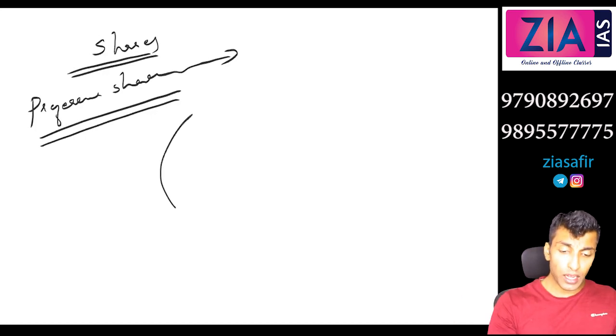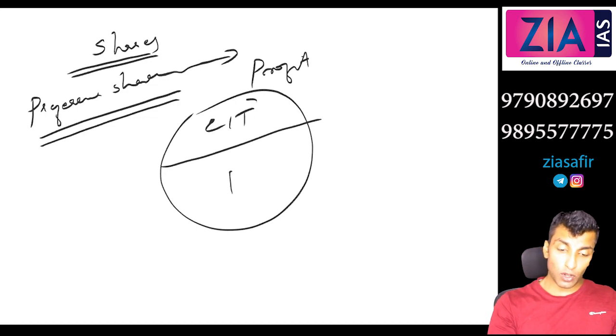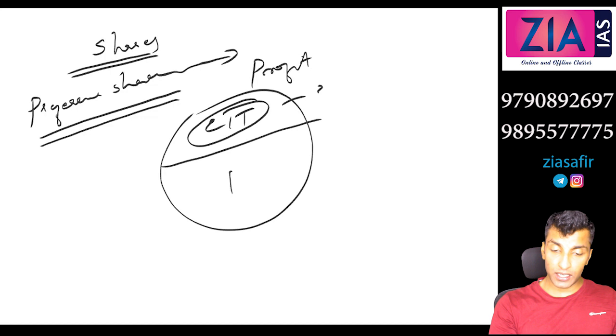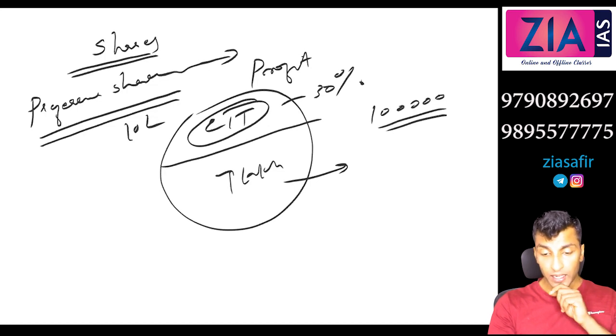I've told you dividend means what is distributed after the corporate income tax. If this is the total profit, there is a corporate income tax, let's say 30% is paid. Let's say 10 lakh is the profit. So 30% is gone, balance 7 lakh is there. This 7 lakh will be distributed. Let's say 1 lakh shareholders are there, so dividend is 7 rupees.